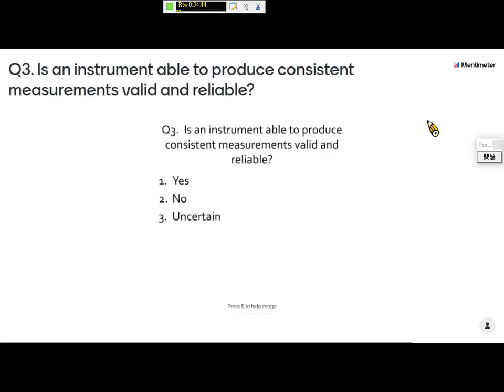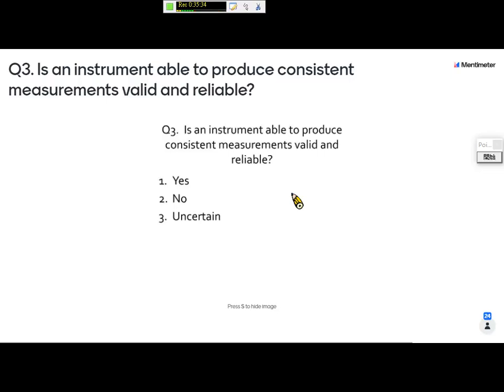So how about this? Give some answer. Okay, let's look at this one.